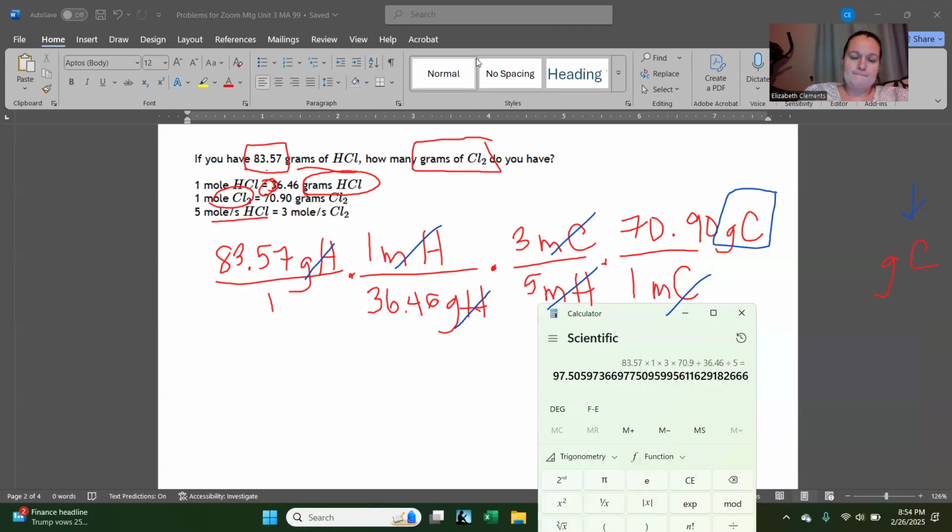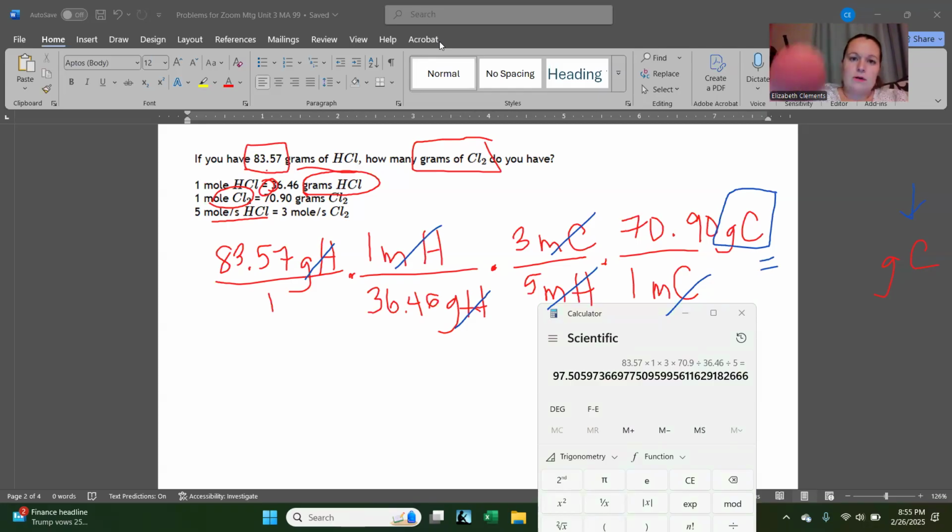97.50597. Now if it doesn't specify what to round to, then do a couple decimal places. You're not going to get marked wrong if it doesn't specify. In a general sense, I just like to do 2 decimal places unless it tells me otherwise.